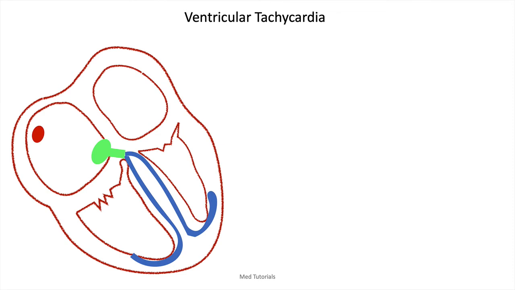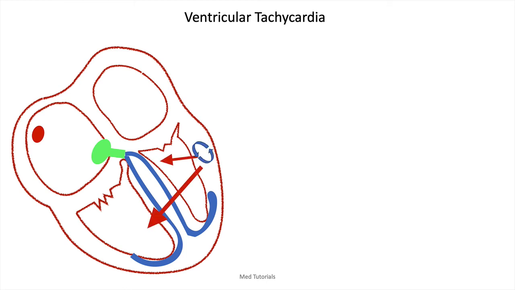Next, we're going to look into ventricular tachycardia. What we had dealt with so far were all supraventricular tachycardia. Now we're finally coming into the ventricles. In ventricular tachycardia, you can have a focus in the ventricular muscles. Maybe it's a scarred muscle from a previous MI, which starts generating impulses.